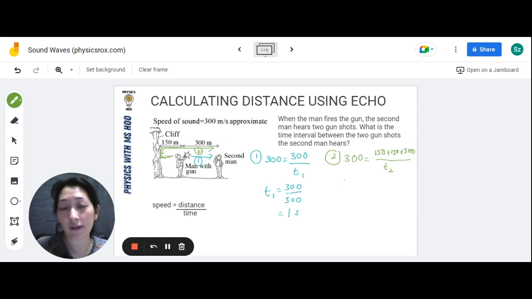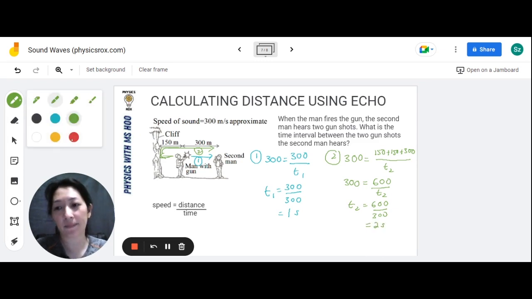If you can already solve it, by all means go ahead, but I'm going to do this step by step for those of you who need to see this. 150 plus 150 plus 300 gives you 600. And T2, change the place, you get 600 divided by 300, which gives you 2 seconds.